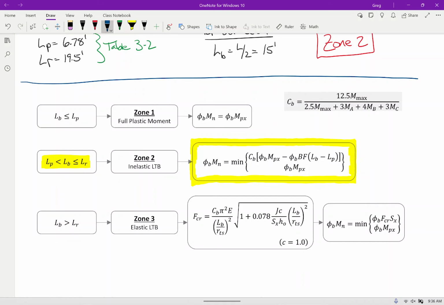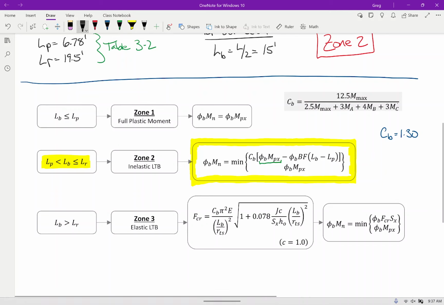All right, let's go through what's inside here. We have our CB value. What else do we got? Phi Mp.